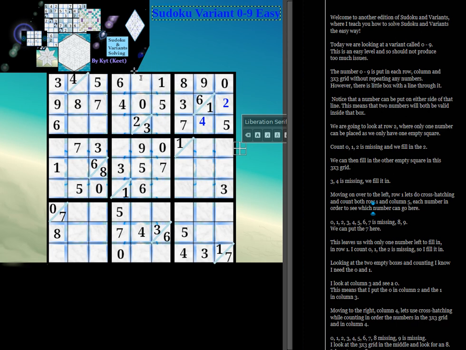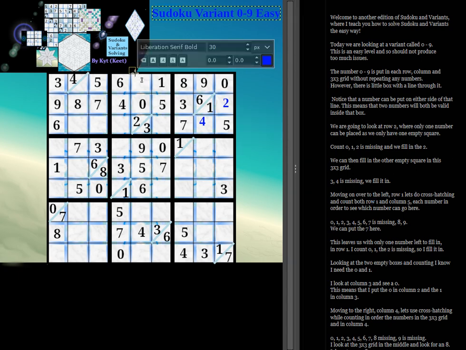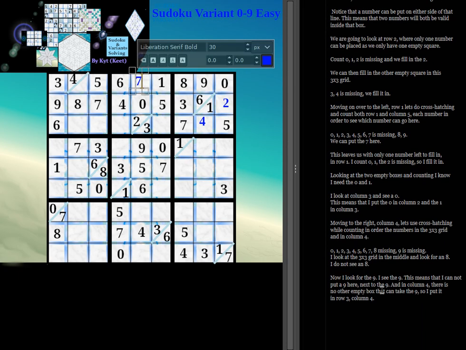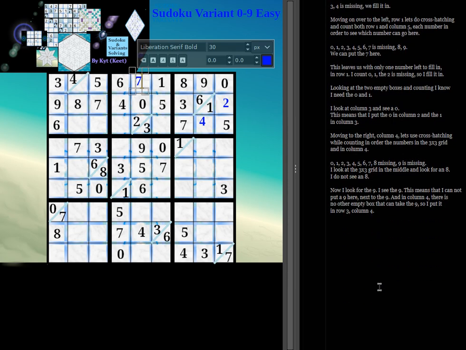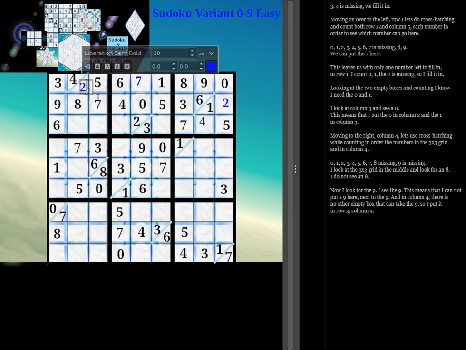We can put the 7 here. This leaves us with only one number left to fill in. In row 1, count 0, 1, 2 is missing, so I fill it in.